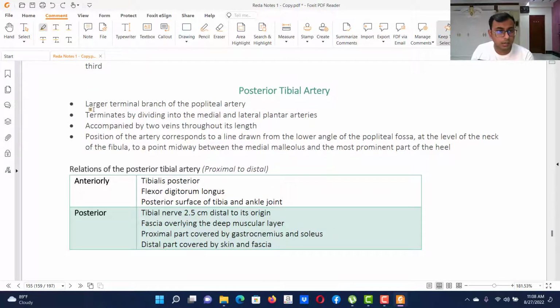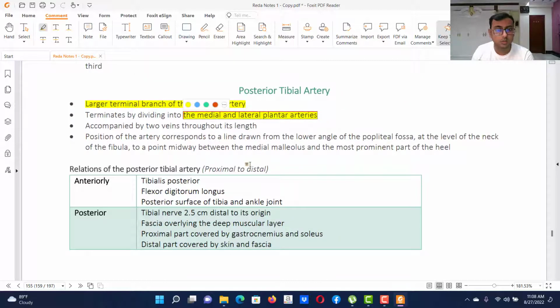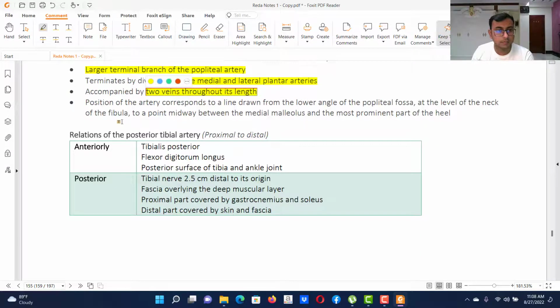Posterior tibial artery is the larger terminal branch of the popliteal artery, so it is the continuation of the popliteal artery. It has two branches, the medial and lateral plantar arteries. It has two veins adjacent to it.